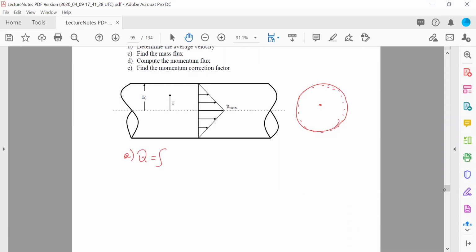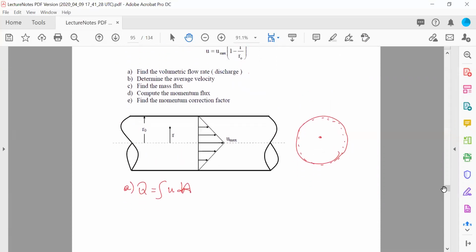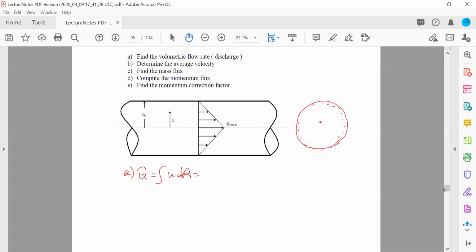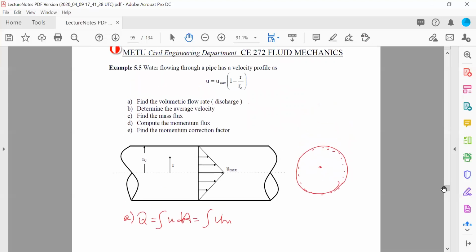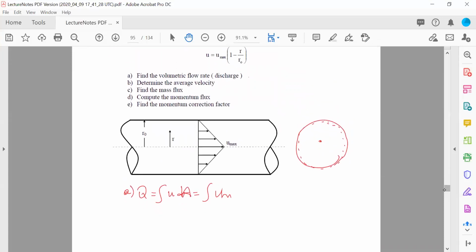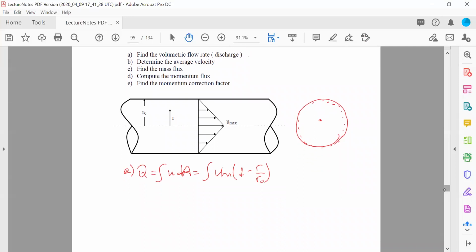The general formula for the discharge is the integral of u dA, and u is given as u max times (1 minus r over r0), and dA for circular areas is 2 pi r dr. Integral boundaries are from 0 up to r0, from the center up to the end.